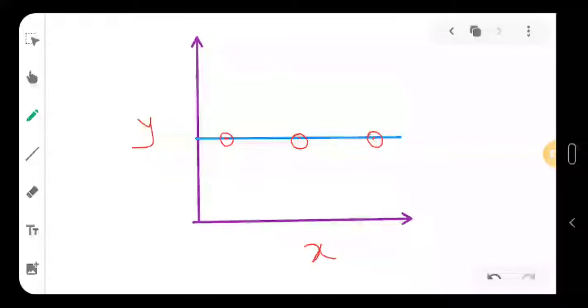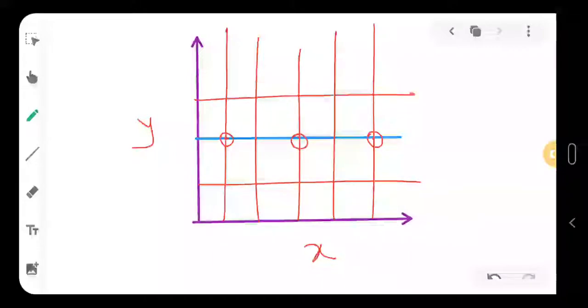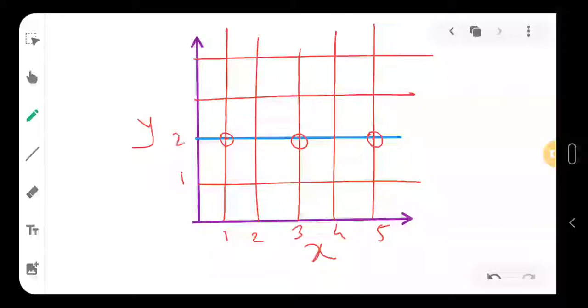So I'm just drawing this so that you can understand better. This is 1 2 3 4 5, like that, and this is, let's say, 1 2 3, like that. So you can see this is 1 2 3 4 5, and this is again 1 2 3 4.